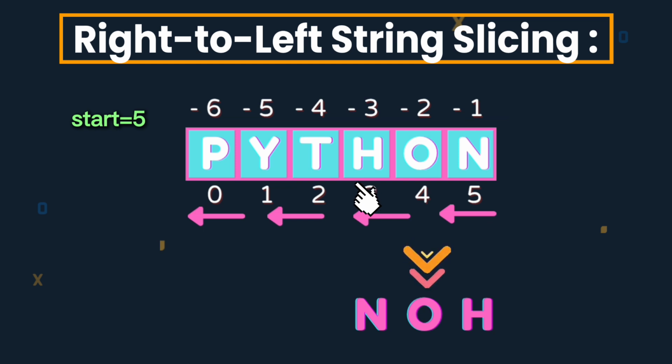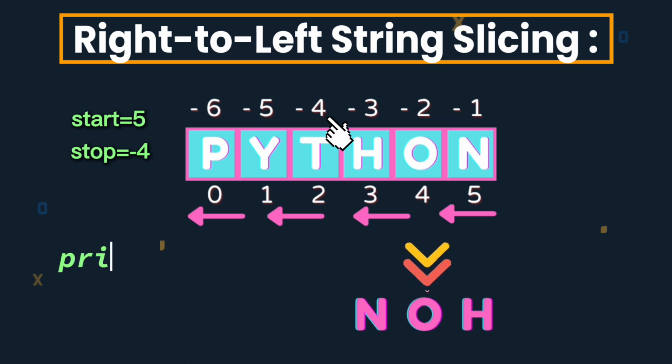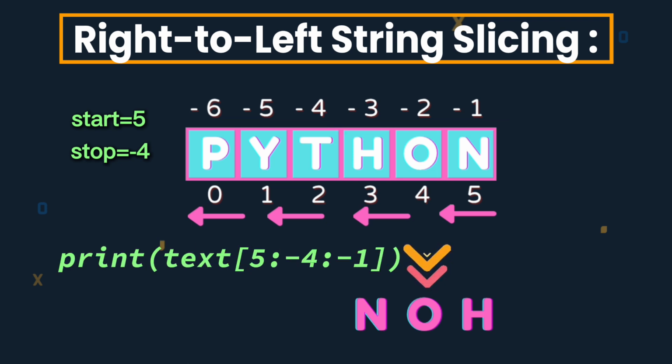And remember, the stop index is not included in the result. So we need to find the index just after H in left to right order. H is at index 3, so the next character T is at index 2, which corresponds to -4 from the end. So our final print statement is print text from index 5 to index -4 in reverse order.